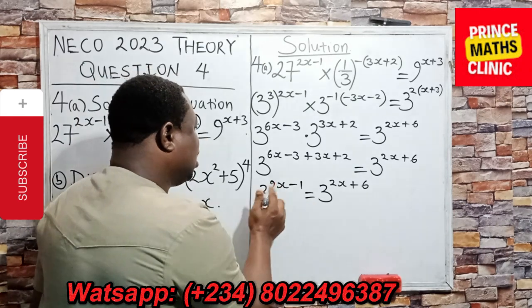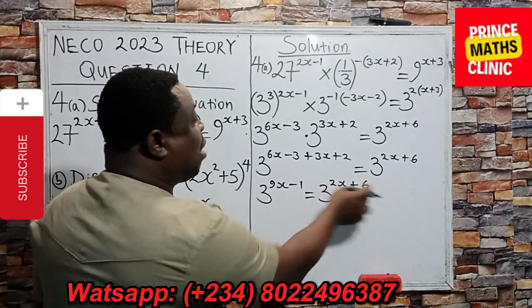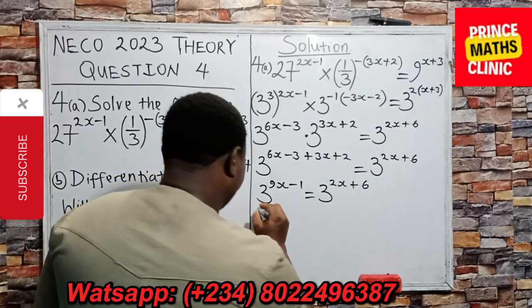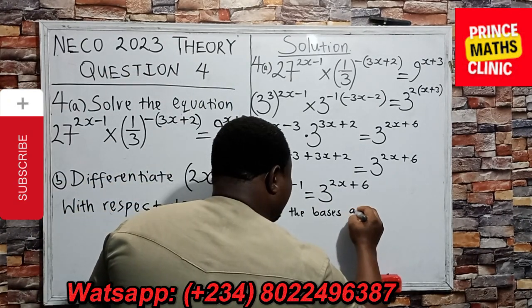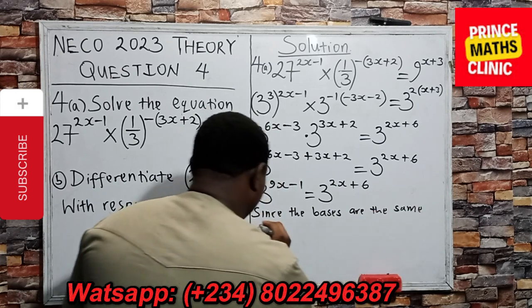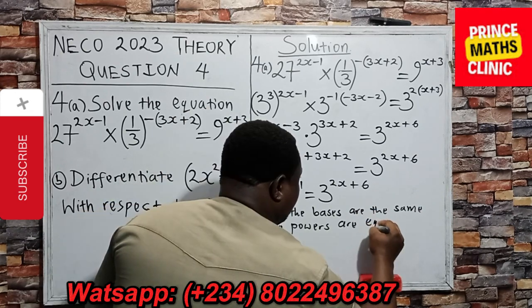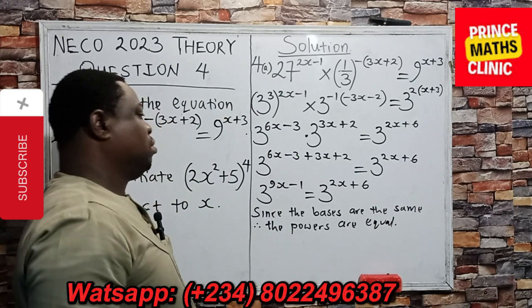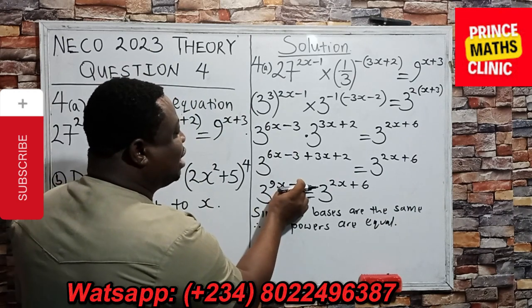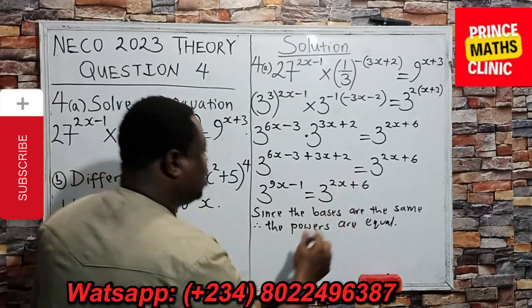But in this case, the bases are the same, therefore the powers are equal. So you state that since the bases are the same, the powers are equal. So I can now equate 9x minus 1 to 2x plus 6.